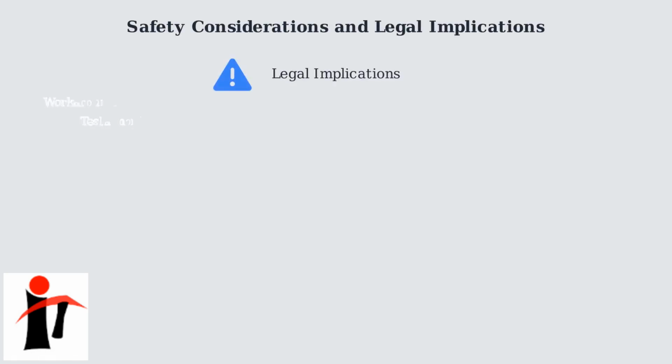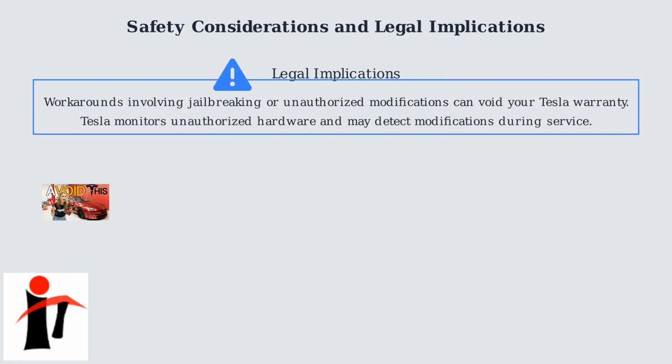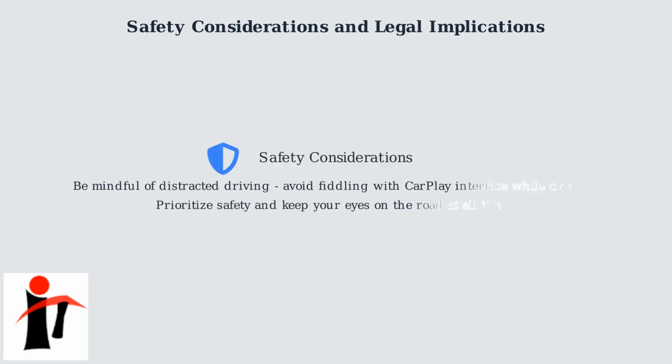When using workarounds for CarPlay on your Tesla, it's crucial to understand the legal implications. These methods often involve unauthorized modifications that can void your vehicle's warranty. Tesla actively monitors for such changes and may detect them during service visits. Safety should always come first.